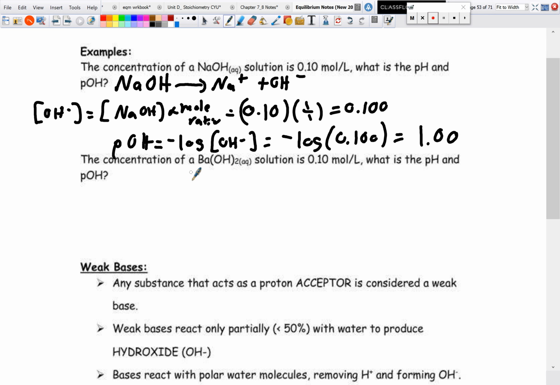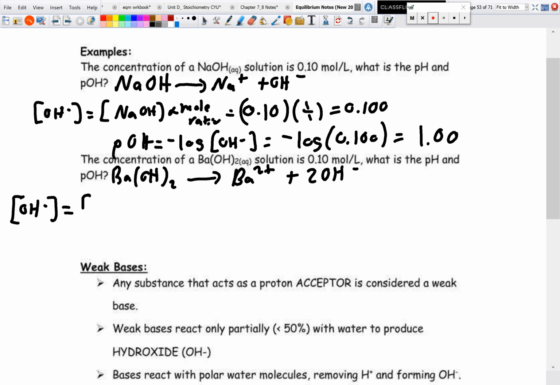Now, you needed to remember this whole mole ratio thing because if you're given something like barium hydroxide, the dissociation equation is just a little different. The barium hydroxide would dissociate to get barium 2 plus and 2 hydroxide ions. So the concentration of hydroxide is equal to the concentration of the base times our mole ratio.